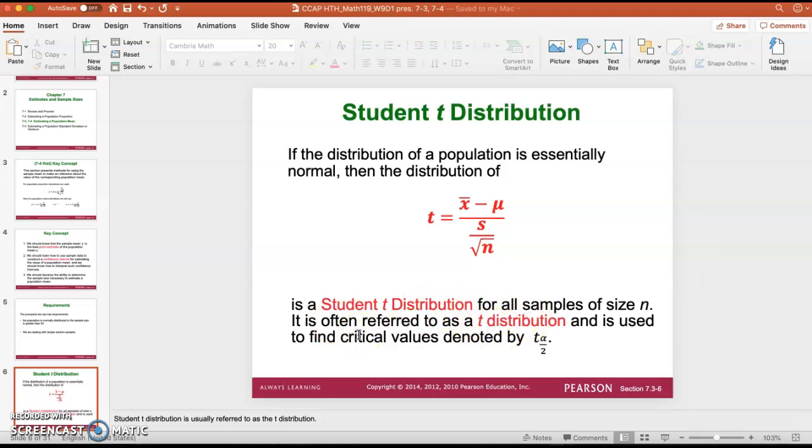And what we ultimately use this for is to find critical values denoted by t sub alpha over 2, is how they're denoted in this book. And you may also see this as t sub c, for example, just standing for the t critical value, similar to how we used z critical values in the last section, just as z sub c.